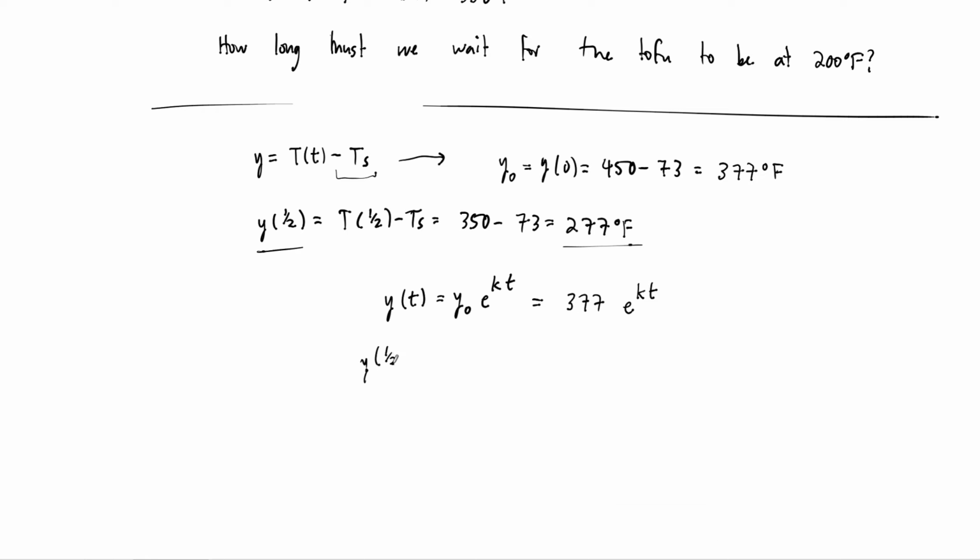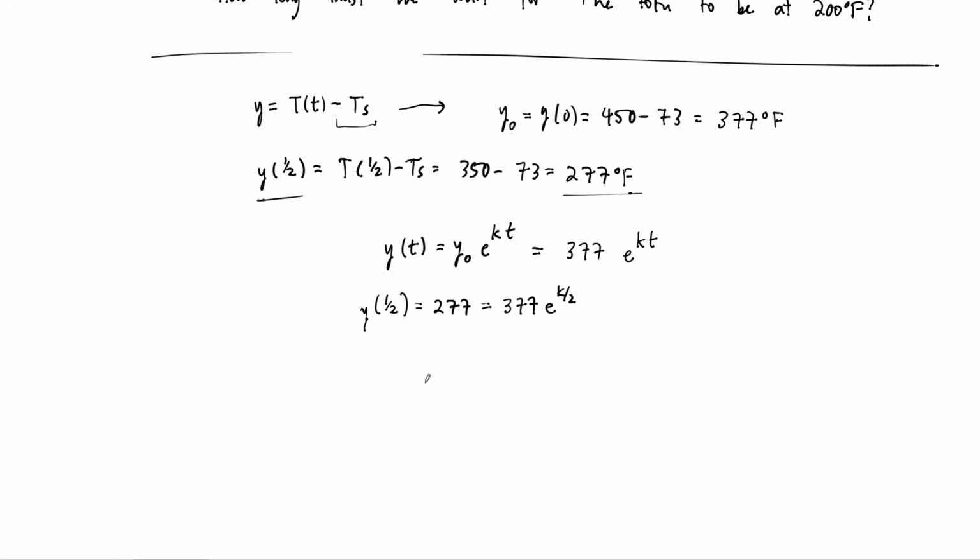To solve for k: y of 1/2 is equal to 277 on one hand. On the other hand, it's equal to our function, 377 e to the k over 2. And now we just need to rearrange this. We're going to solve this equation for k. We get e to the k over 2 equals 277 over 377.